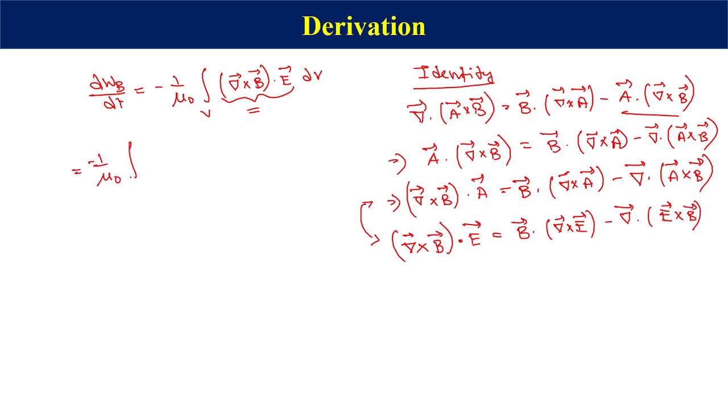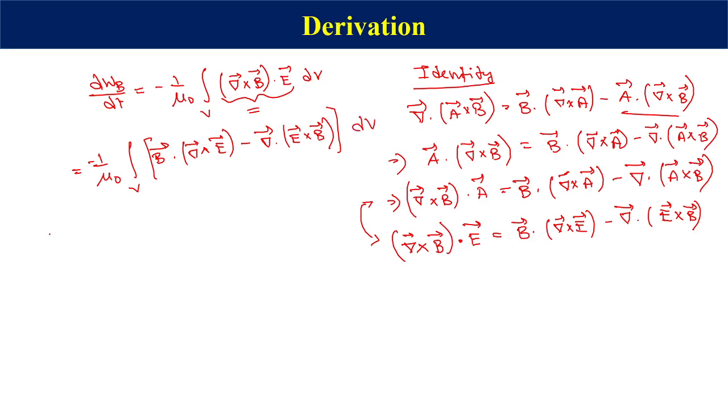So just replace this here so that you get minus 1 upon mu naught, volume integral of B dot del cross E minus del dot E cross B, and whole dV.